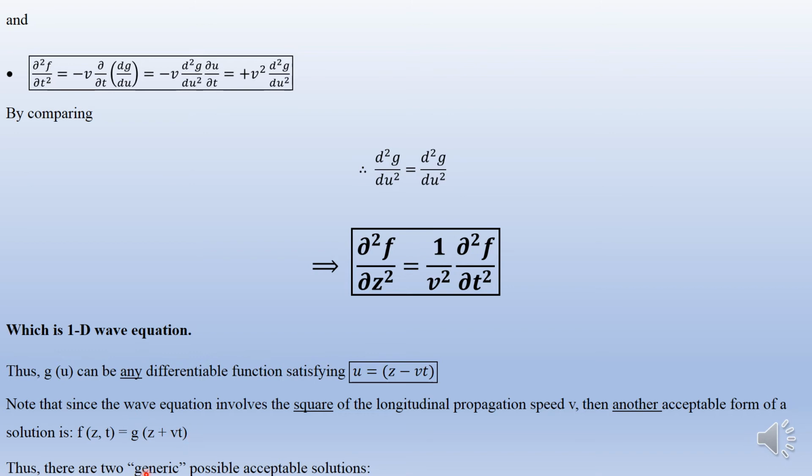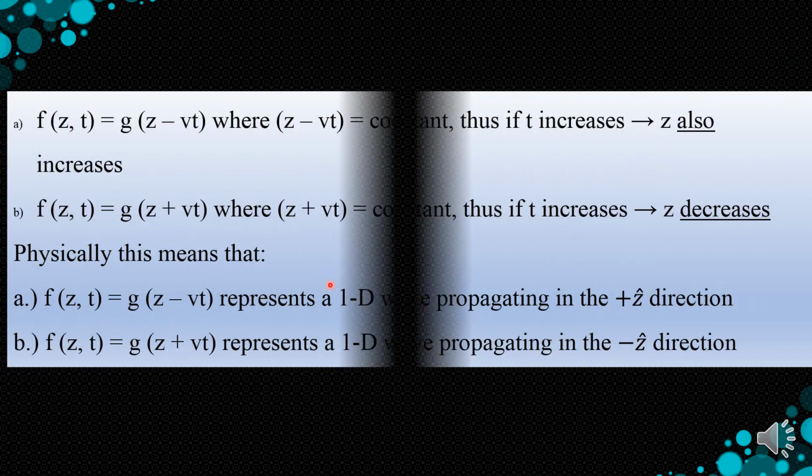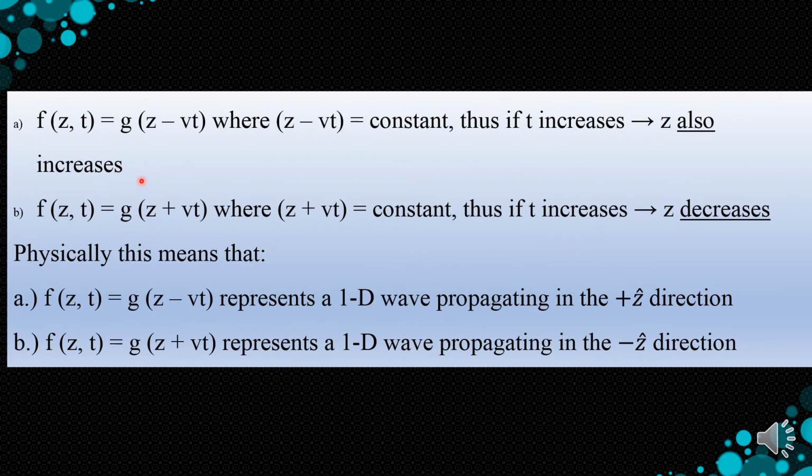Thus there are two generic possible acceptable solutions. f(z,t) = g(z − vt), where z − vt = constant; thus if t increases, z also increases. Whereas f(z,t) = g(z + vt), where z + vt = constant; thus if time t increases, z decreases.